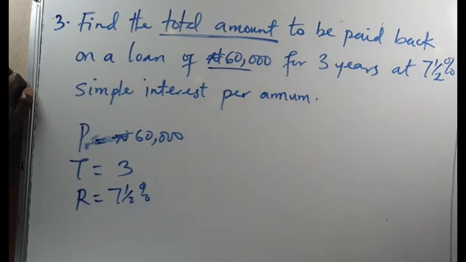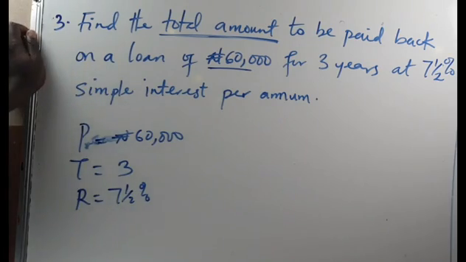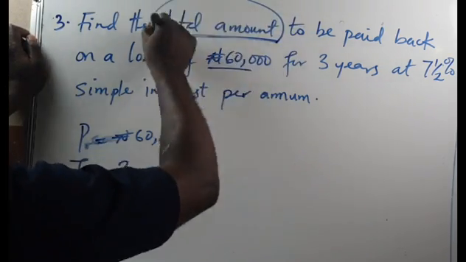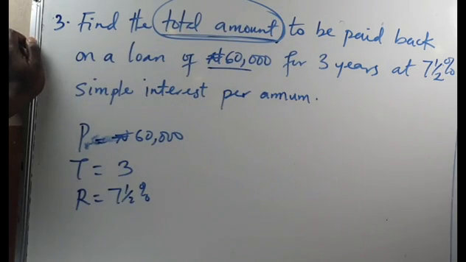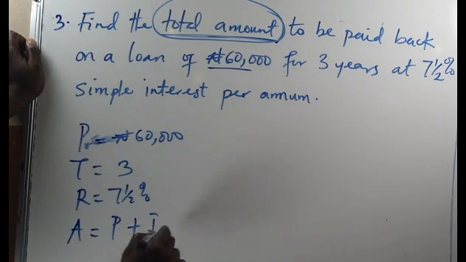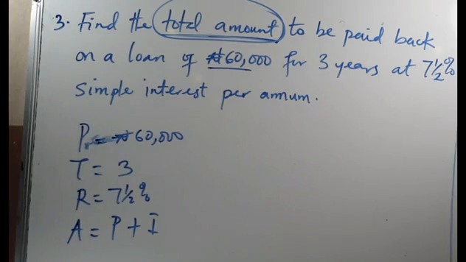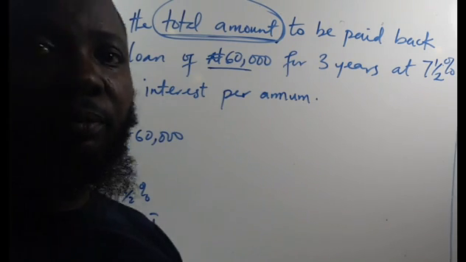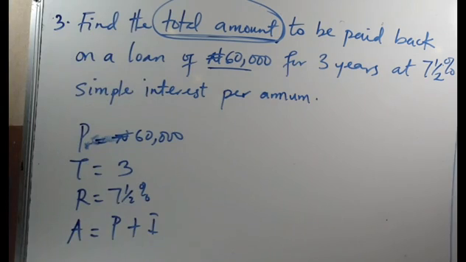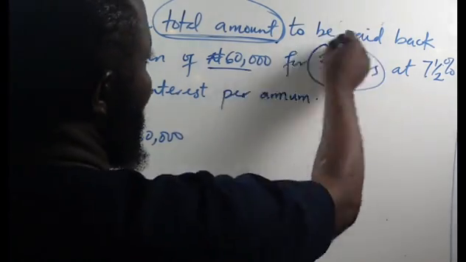The amount here is asking us to add the principal plus the simple interest. So we are not asked to find the simple interest here. We are finding the total amount, and that is principal plus the interest.